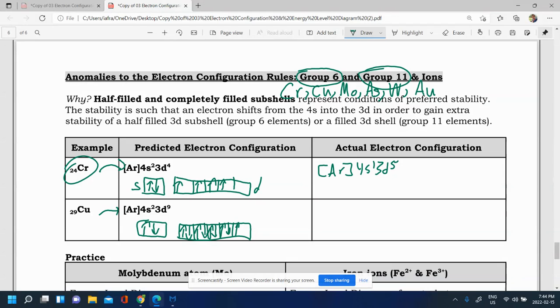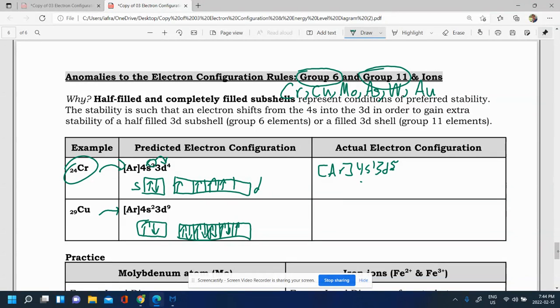Notice that it's still the same number of electrons. However, they're placed in different areas. You'll notice that rather than have 2 in the S over here, we have 1, and then rather than have 4 in the D, we have 5. So it's as if we took the 1 that we had in the S and put it into the D instead.